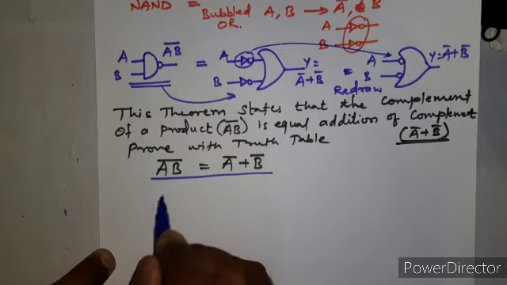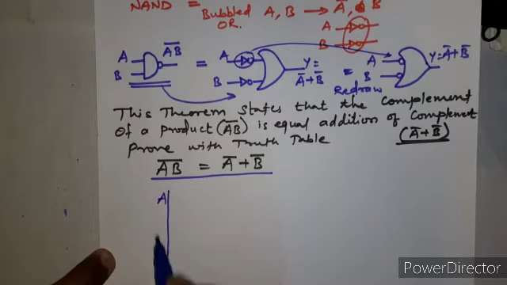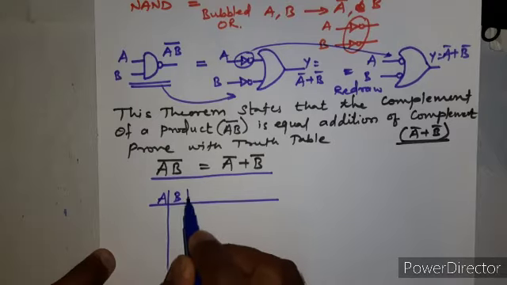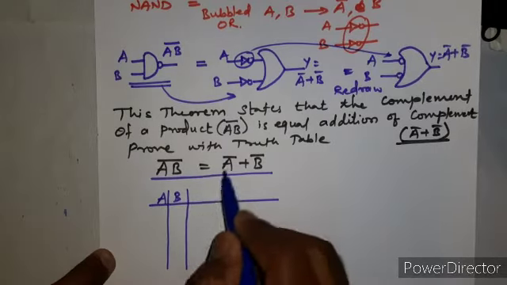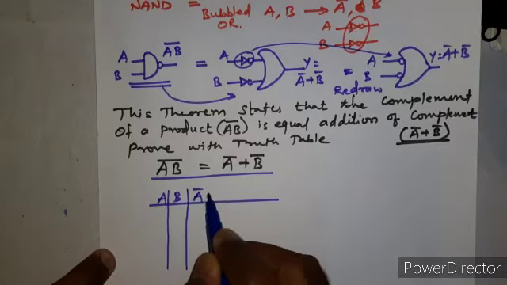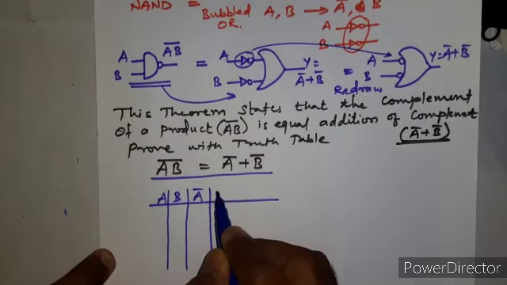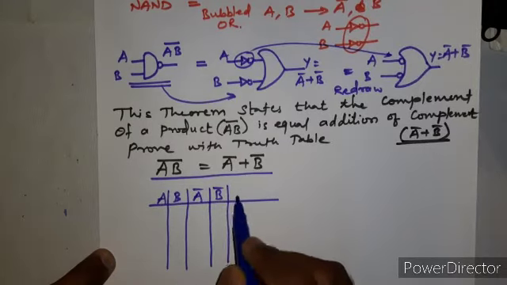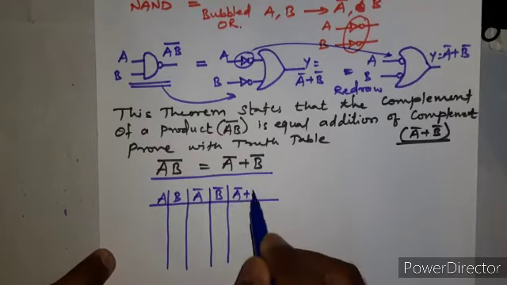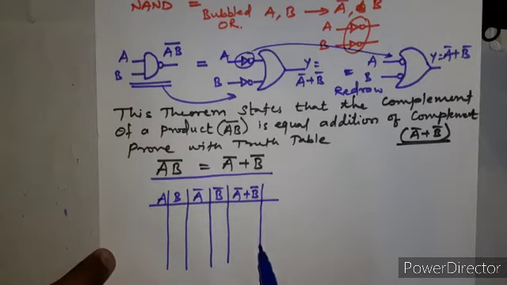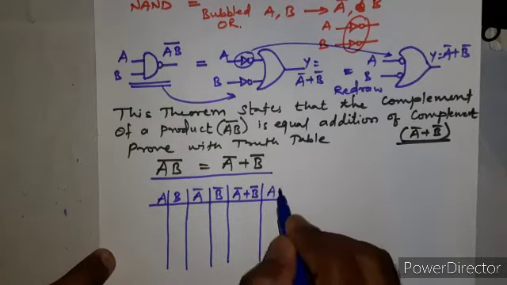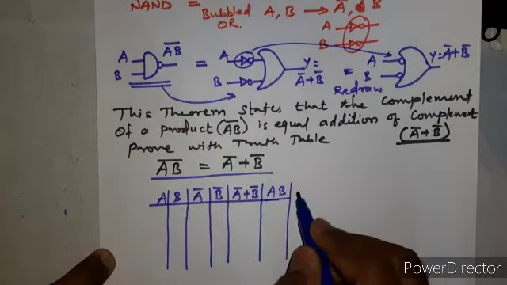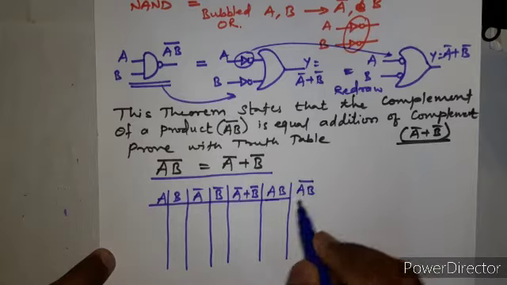First we have this A and this B, then we have A bar, B bar, then we have A bar plus B bar, then we have AB, and then we have AB whole bar.